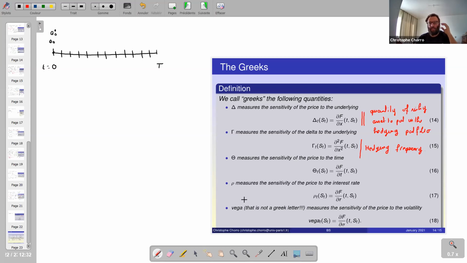Another quantity that is very important is the vega. Vega is the sensitivity of the price function to the volatility. Keep in mind that the volatility is the only unknown parameter in your model.